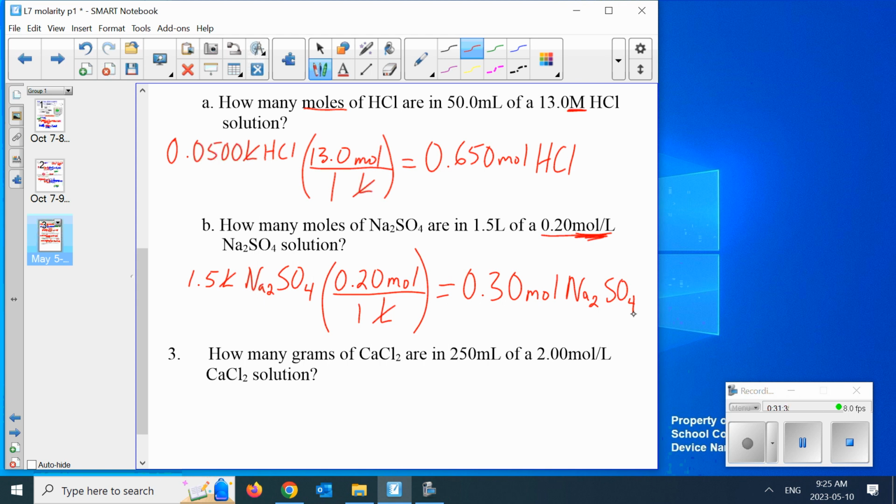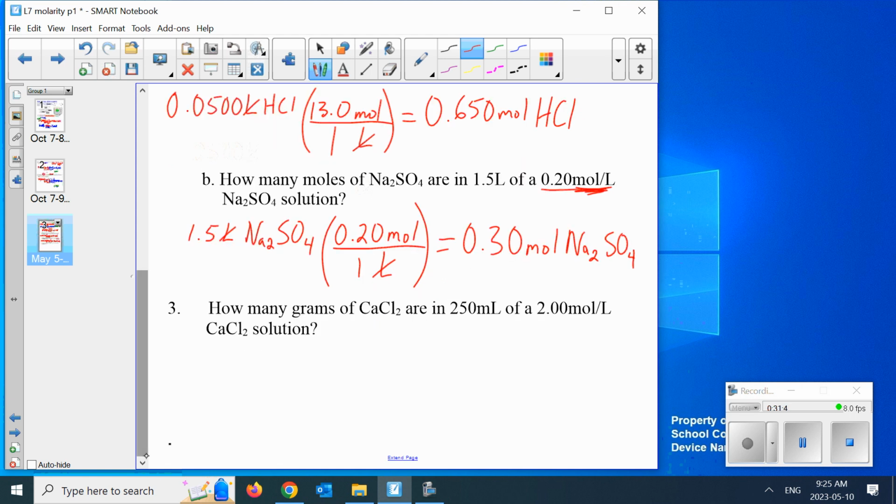How many grams? The last one. Calcium chloride. How many grams of calcium chloride? So I need to go to moles. This will be 2 steps. Starting with 250 mils. So that's 0.25 liters. I'm going to assume that that's pretty significant.